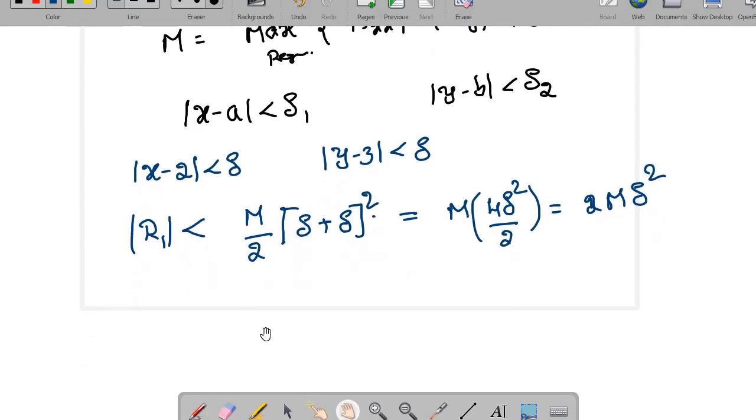If the remainder is less than this, then definitely the error is less than the remainder.